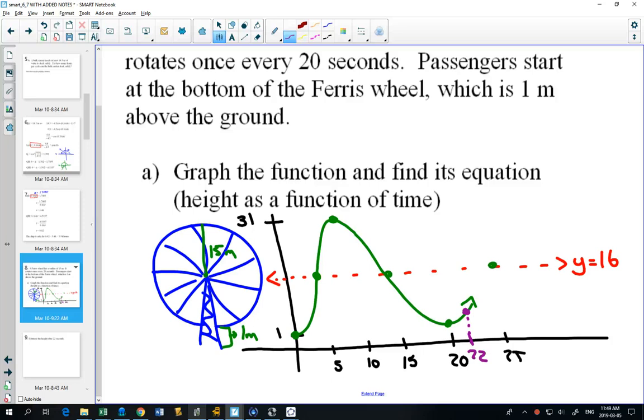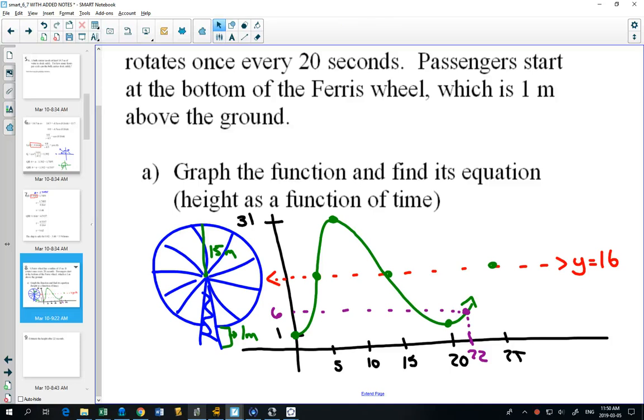According to my graph right now, I might estimate it at, what do you think? My lines look like they're going a little crooked here. This isn't necessarily the most accurate, but maybe I would estimate at 6.